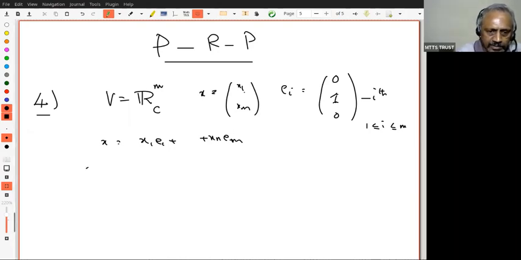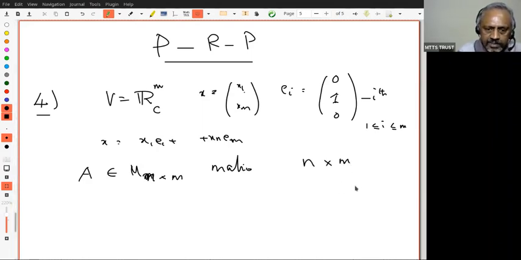Now, let A be an n cross m matrix, n times m, where n is a natural number, with real entries. Then let's take a vector x in V. Notice that this is a column vector, therefore I can think of it as an m times 1 type matrix, because m rows are there, only one column.